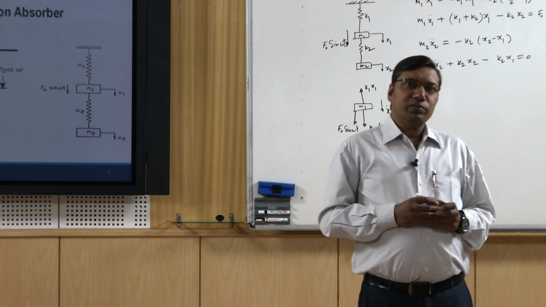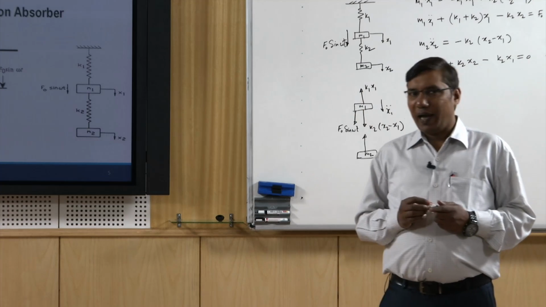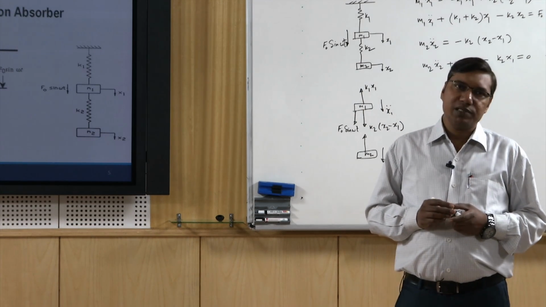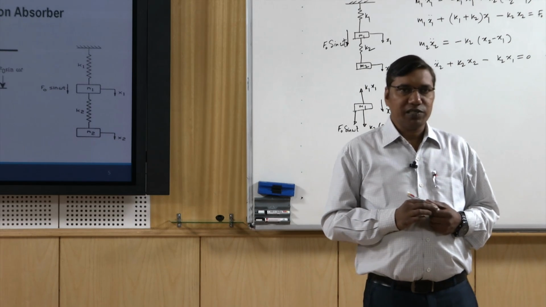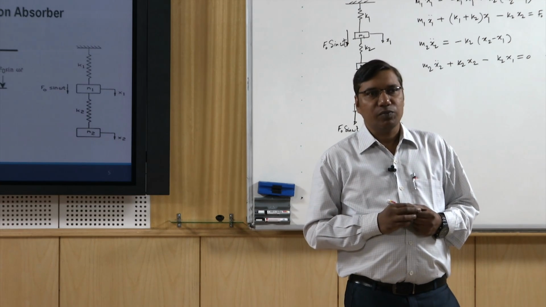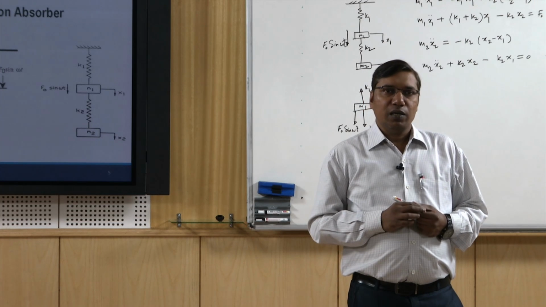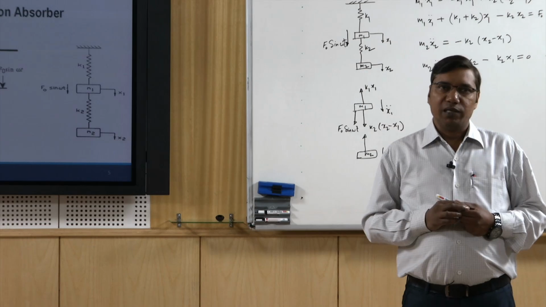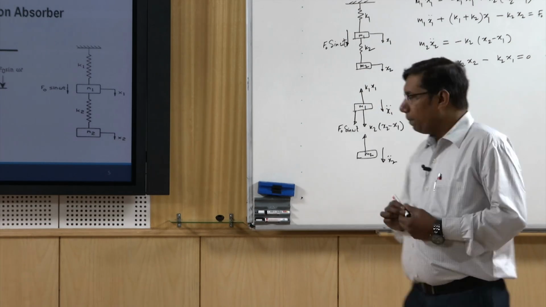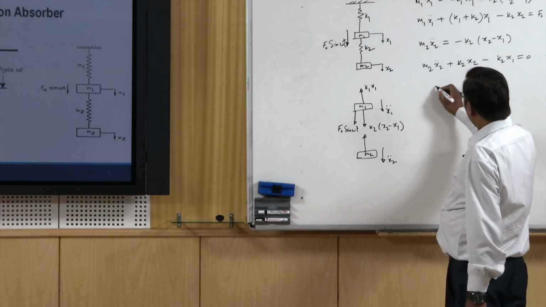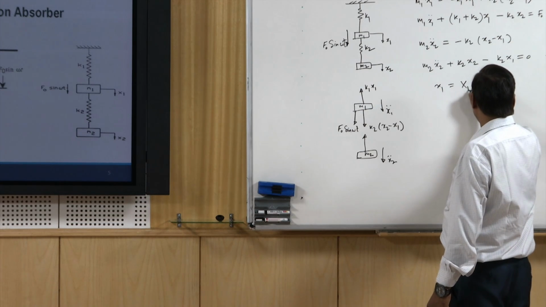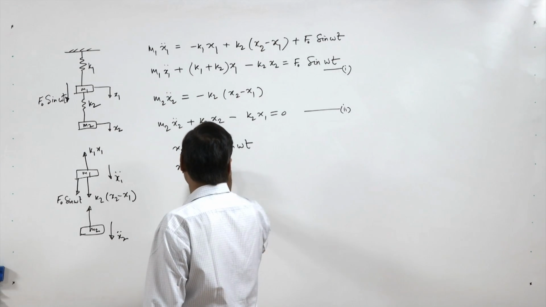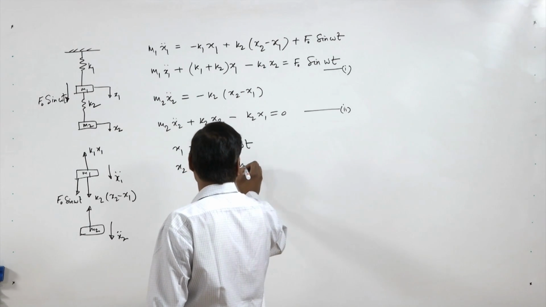Here we assume that the system is vibrating with frequency omega, the same as the forcing frequency, because the steady state response of the system will be governed by the external excitation force, that is F0 sin omega t. So we assume x1 equal to X1 sin omega t and x2 equal to X2 sin omega t.